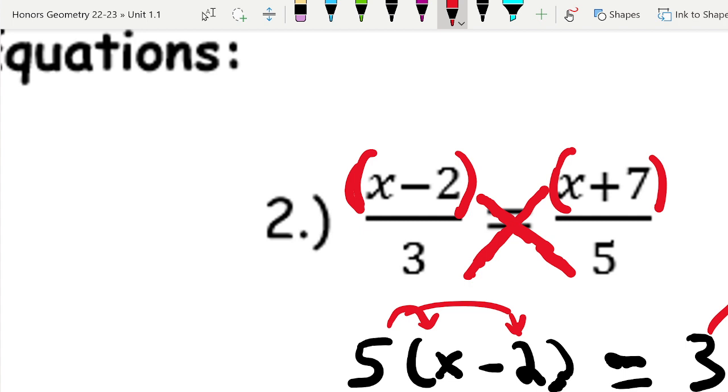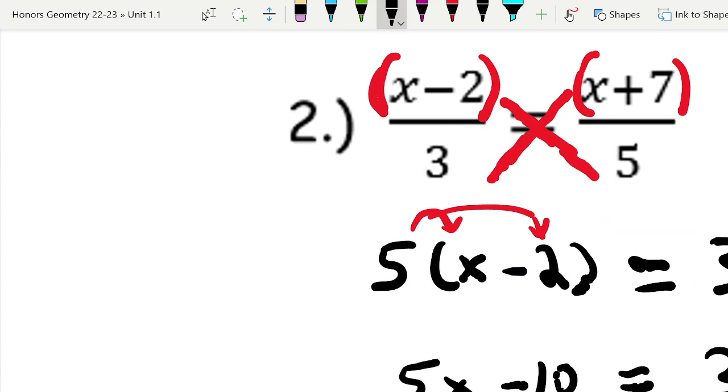We'll subtract 3x from both sides. So now we have 2x minus 10 equals 21. We'll add 10 to both sides.